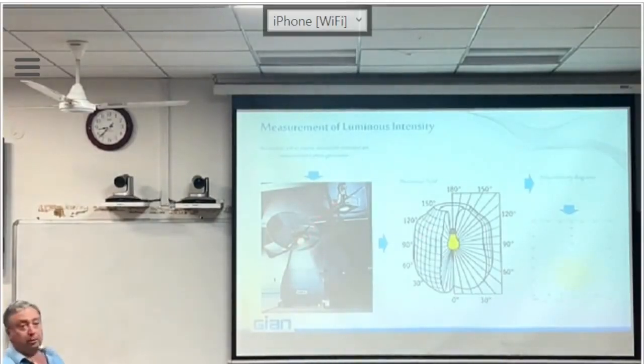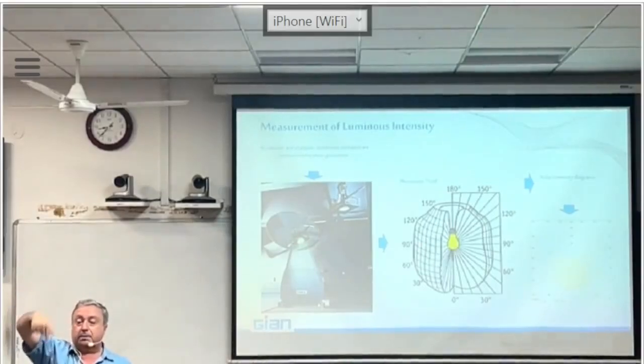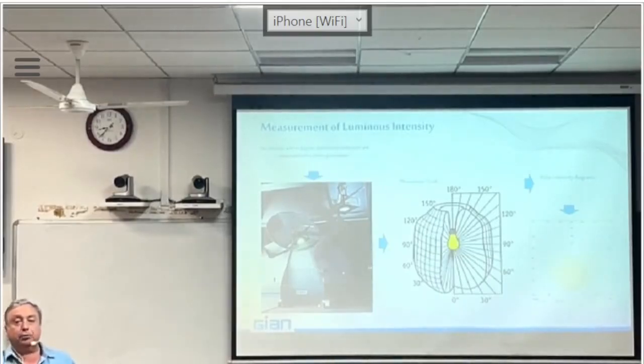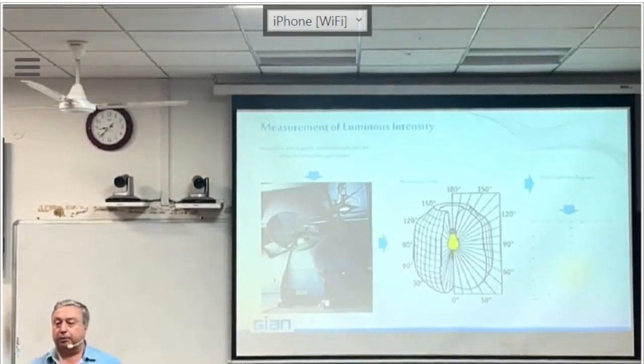The lamp is in the middle, always oriented down, and you don't move the lamp, because if you move the lamp, you change the air circulation conditions, and you can change the temperature of the lamp and its behavior.